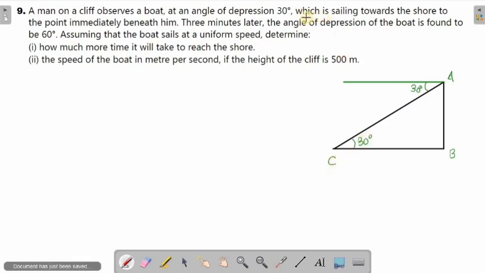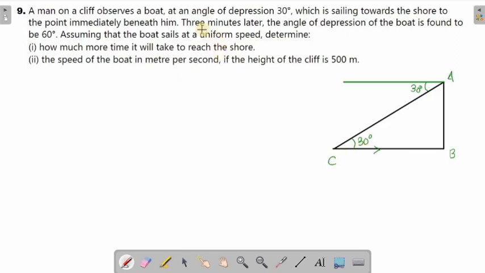Now this is sailing towards the shore. Since the cliff will obviously be on the shore, the boat from the sea is sailing towards the shore. So this is the direction where the boat is moving.